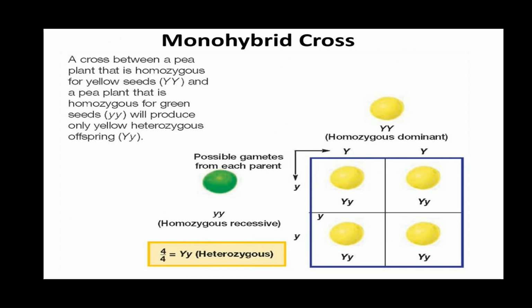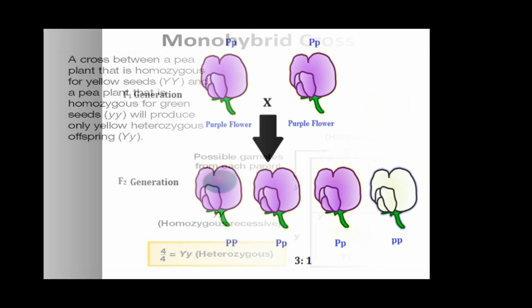Green disappeared because yellow blocked it from appearing, or yellow masked the expression or the effect of green. So why did green not appear? Green did not appear because it is recessive. It can only appear when it is in a homozygous state. Only homozygous recessive, that is two recessive alleles, can appear. So that is what we are seeing here.